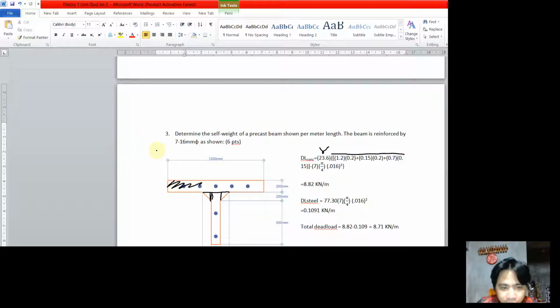This is the area, 1.2 by 0.2. And then 0.15 by 0.2, it is actually the two triangles here. Because for this triangle, we have a dimension, this is 0.15 and this is 0.2. So this is times 2 over 2 because we have two triangles. So it is 1/2 base times height times 2.